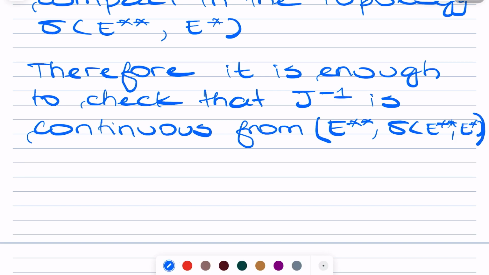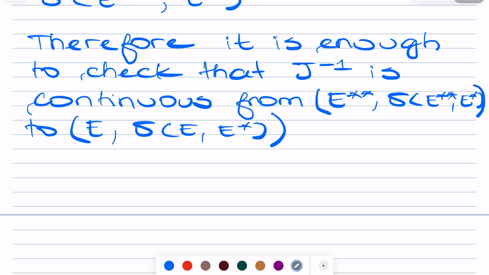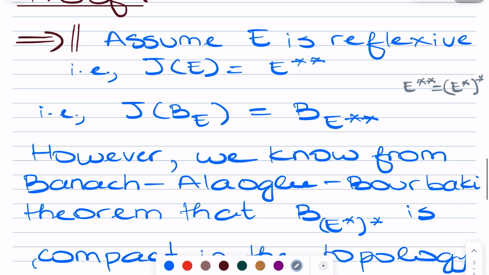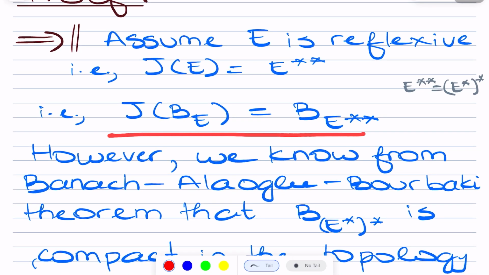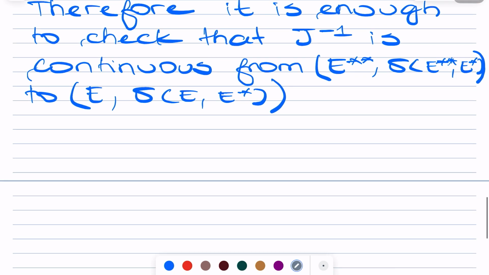Good. So the space E with the weak topology, right? Because if you show that J minus 1 is continuous, then from this relation here, what we get is that the closed unit ball in E is actually the image of a compact set, right, through a continuous map.